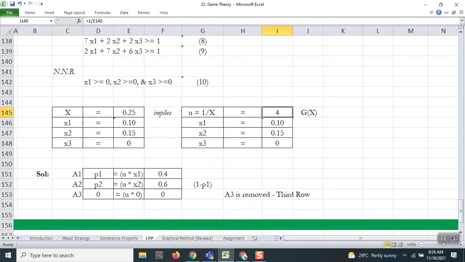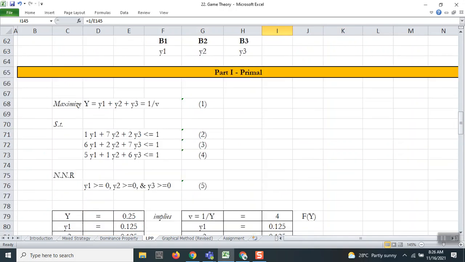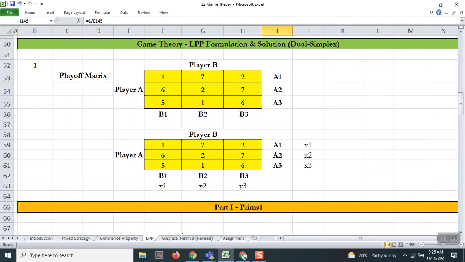This is typically another method, but I've just hidden the procedure for solving this using the simplex method. It looks simple, but when you do it with the simplex method, a lot of iterations happen, and this is a pretty lengthy problem.